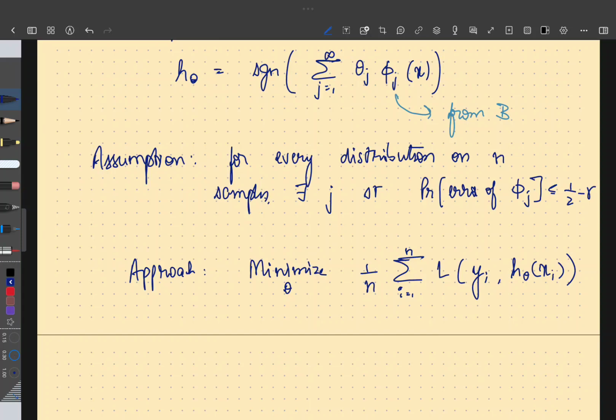But remember that this minimization is over an infinite dimensional space, because the number of parameters theta 1, theta 2, theta 3 and so on are countably infinite. Is this setup clear?